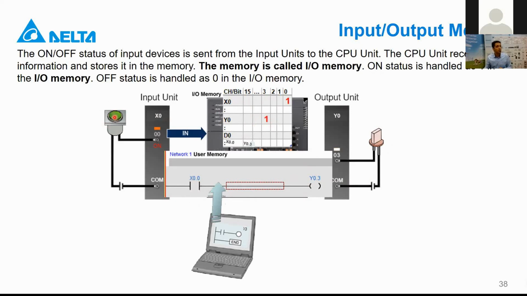But when we push the button, the input unit updates the table, and 0.0 becomes true, and the CPU checks that, okay, if this is true, I need to set 0.3 true too. So 0.3 becomes true, and the output unit reads this line, and when it is on, it allows current to go through to the relay. So this is actually how it works inside the PLC.